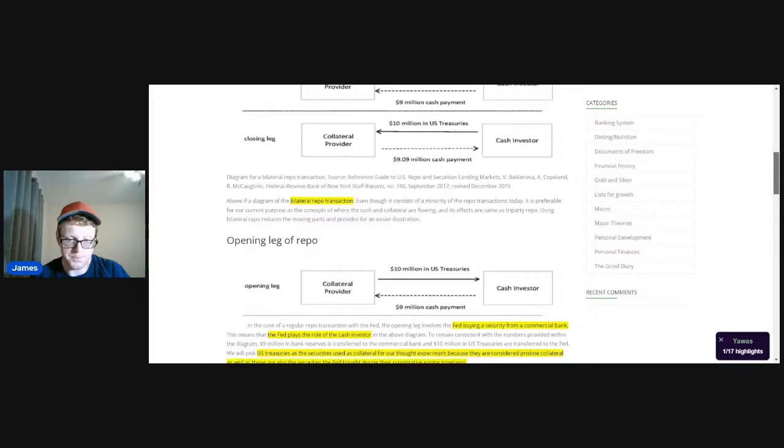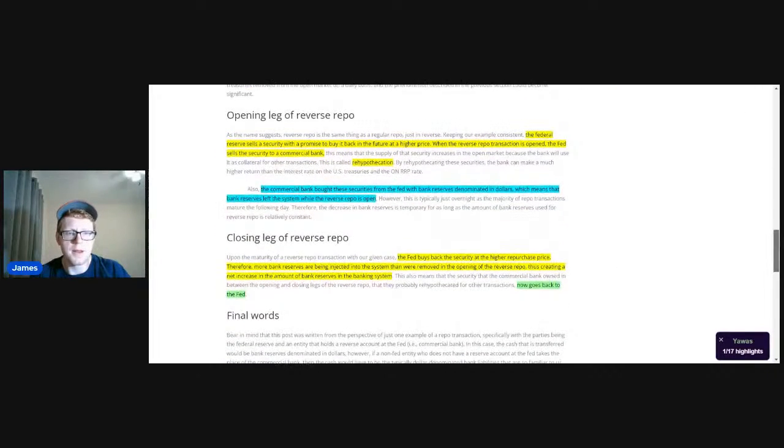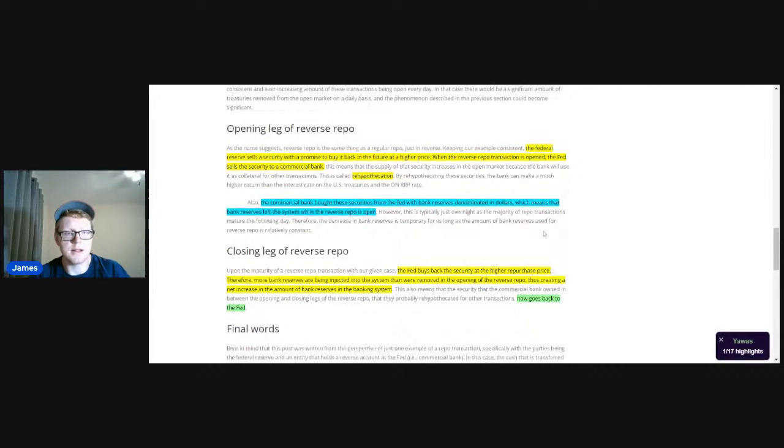But yeah. So there's that, and that's pretty much why I think they do the rehypothecation, because from the perspective of a commercial bank, you can basically buy those treasuries from the Fed, and then obviously the Fed pays them interest on those bank reserves that they give them, which is like 25 basis points, or it was.